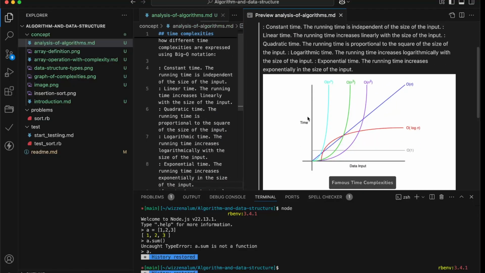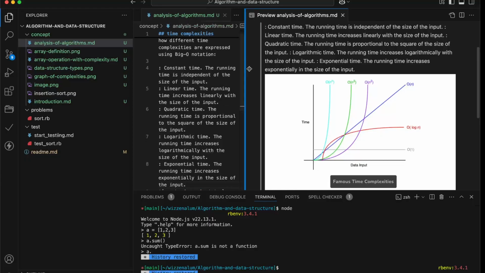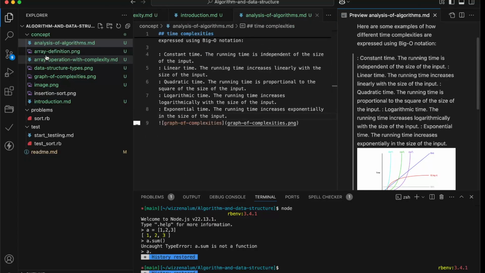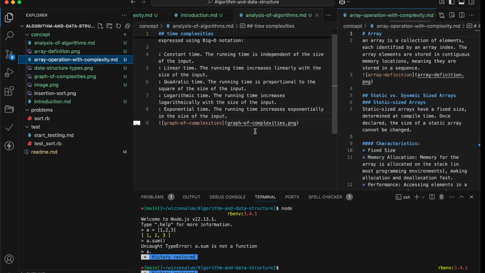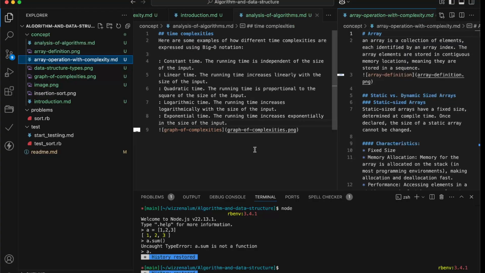If you lie somewhere here, then big O of n cube and big O of n square are good. But as soon as you increase the number of inputs, then log n becomes the good one. So that's why I did it, and then I added some of the array operations and everything.